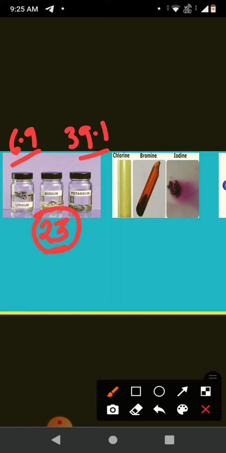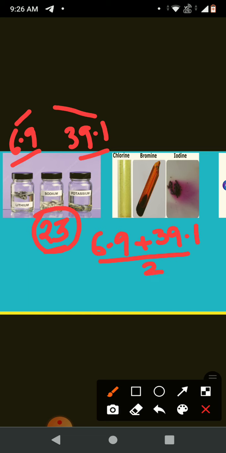Okay, let's understand. Let's find the mean of the other two elements. This is the first element, this is the third element, so we need to find their mean. To find the mean, what will we do? 6.9 plus 39.1 divided by 2.